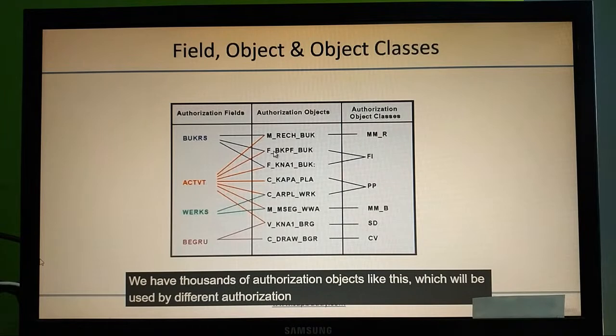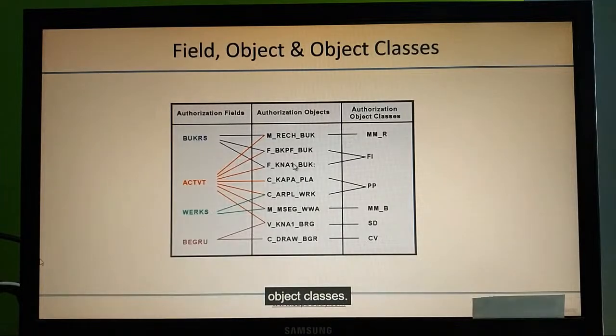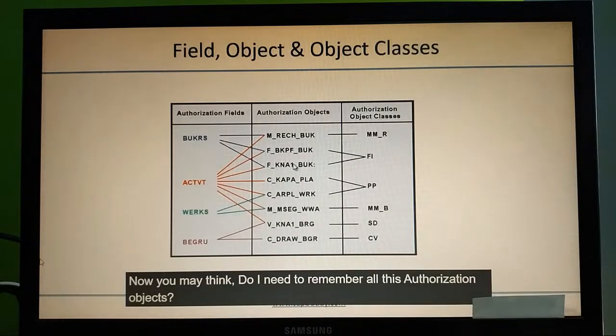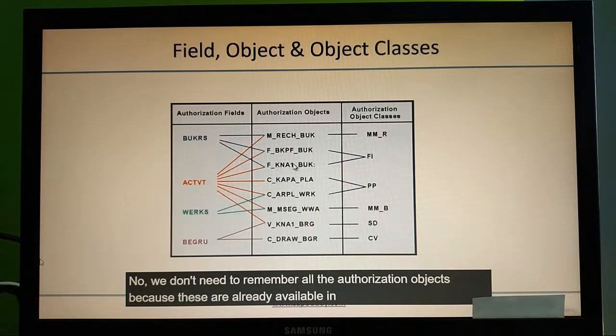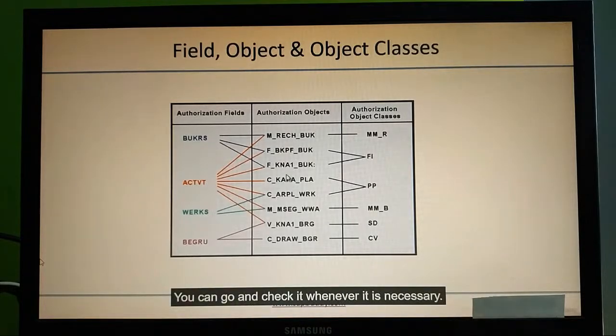We have thousands of authorization objects like this, which are used by different authorization object classes. Now you may think, do I need to remember all these authorization objects? No, we don't need to remember all the authorization objects because these are already available in the system. You can go and check them whenever it is necessary.